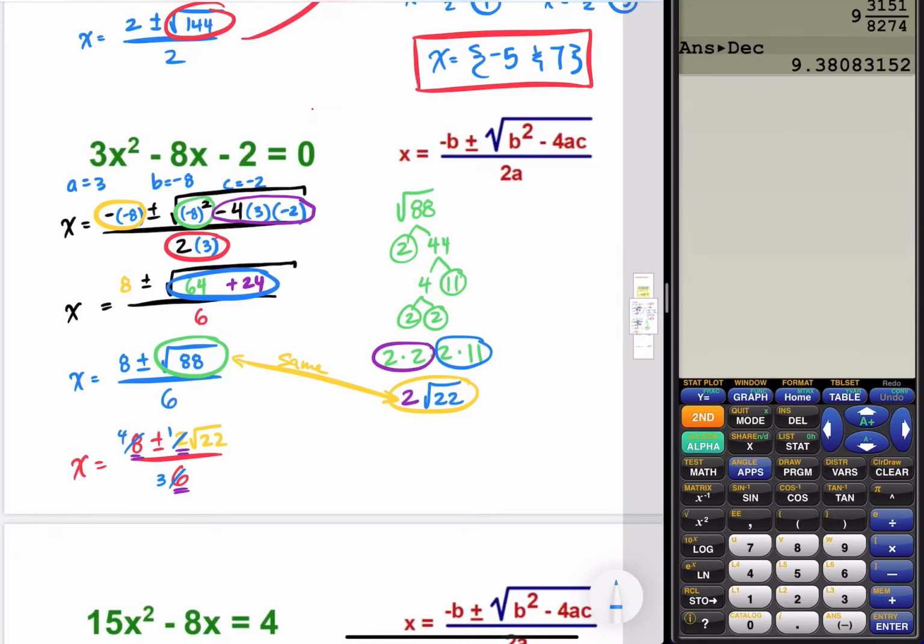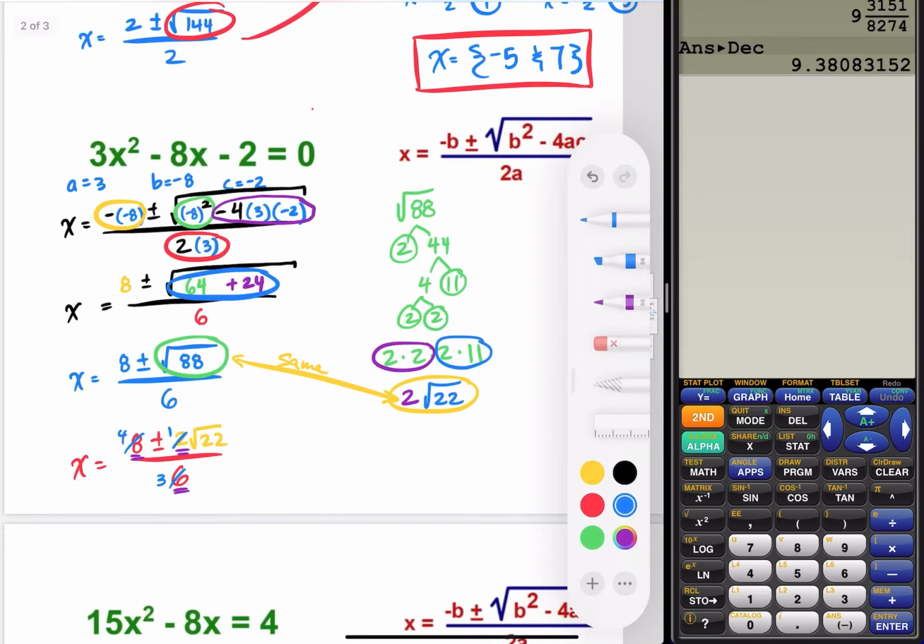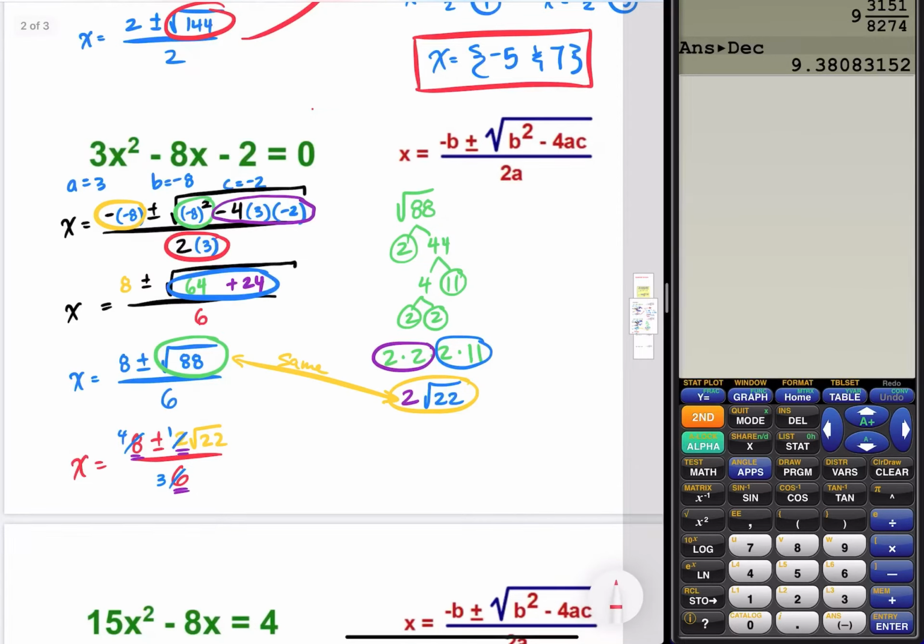So I divided all of these by 2, and now our solution is going to look like this. It's going to say x is equal to 4 plus or minus 1 root 22, which is the same thing as just root 22, all over 3. Now this right here is the exact value. We know that this is the exact answer.